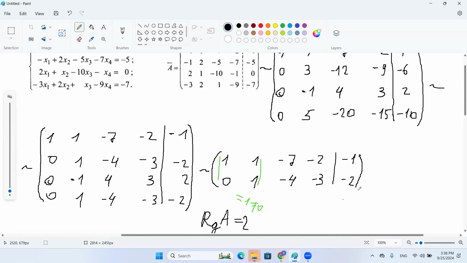And what about rank A extended? So 4 minus 3. So here the minor is non-zero, so the rank of the extended matrix A is 2 as well, and they are equal.